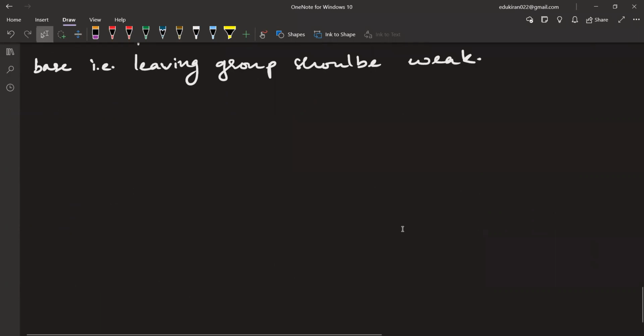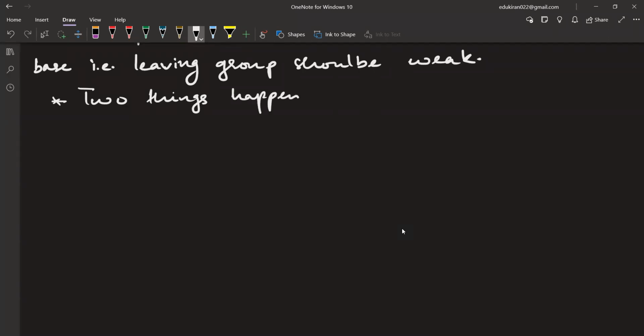Right, next. Two things happen in SN that we have written previously also. Two things happen in nucleophilic substitution. First thing is cleavage of the C-X bond, that means breaking of the C-X bond.